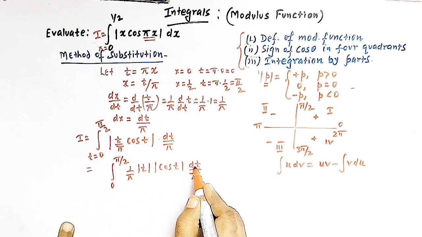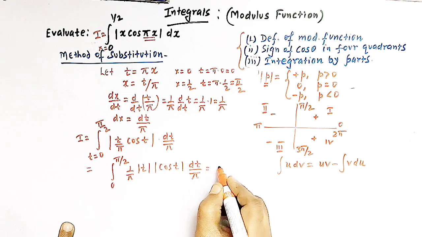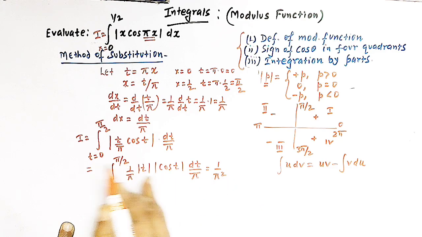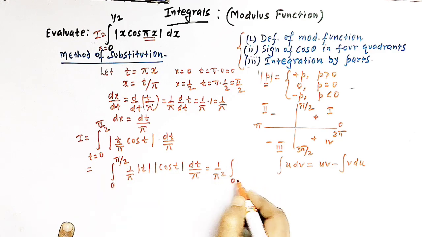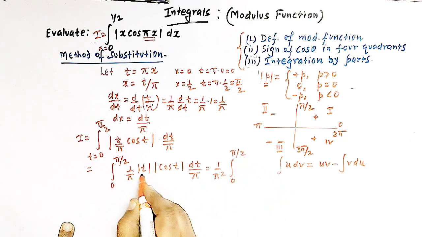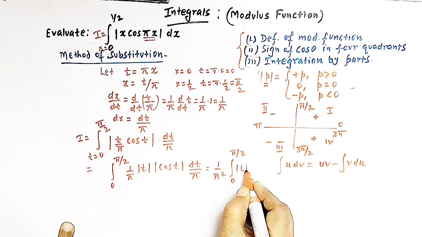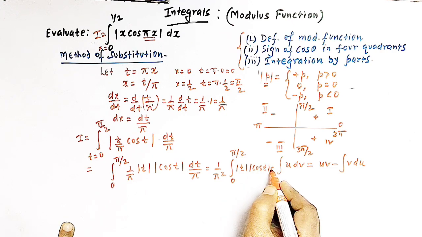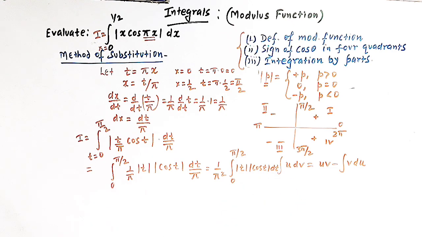Now 1 over pi and 1 over pi is 1 over pi square, and taking 1 over pi square outside the integral, we have 0 to pi by 2, and here we have mod of t, and then mod of cos of t, and here we have dt.